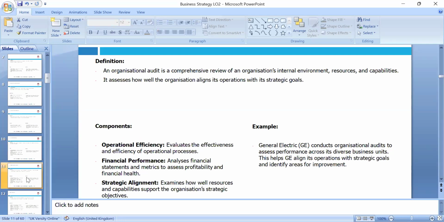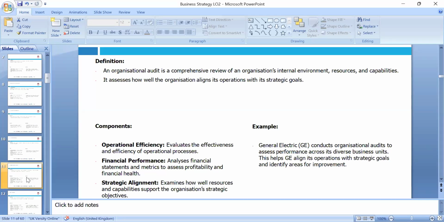An organizational audit. It is always good to do an audit. We have different models for the internal environment within the company. Operational efficiency: we have to look at how the operation runs effectively and the coordination between departments. Financial: how much money we have and how effectively we are using it to generate profit.